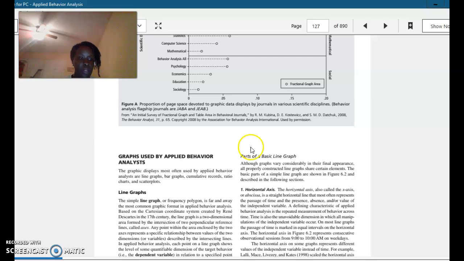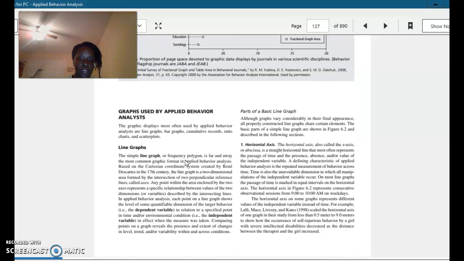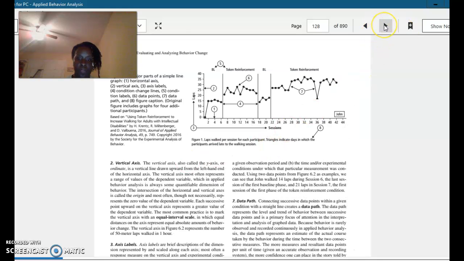Your main parts are your horizontal axis, which is also your x-axis, and your y-axis, which this better depicts. So your x-axis shows sessions and your y-axis, or your vertical axis, is on the left.